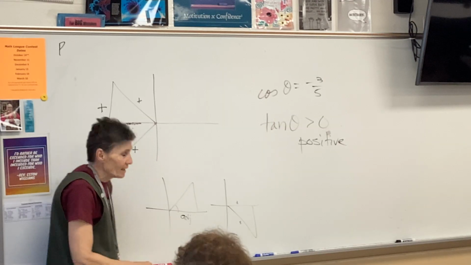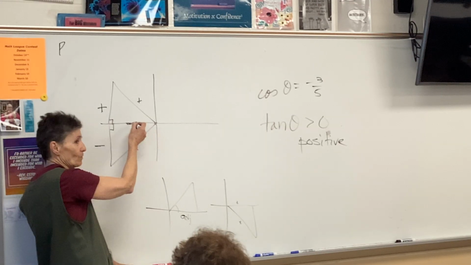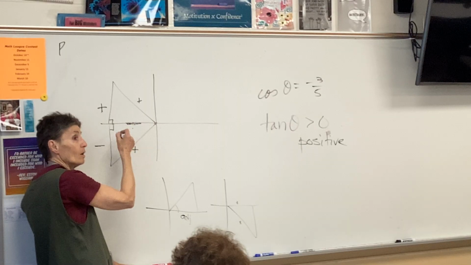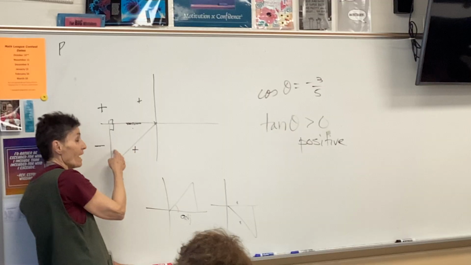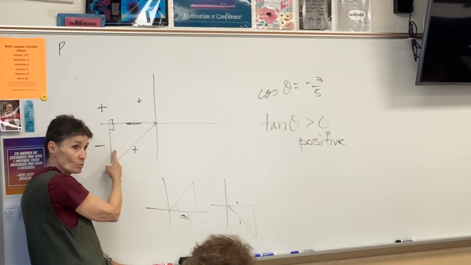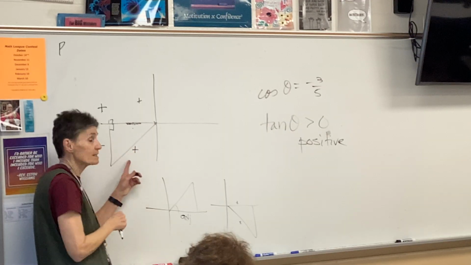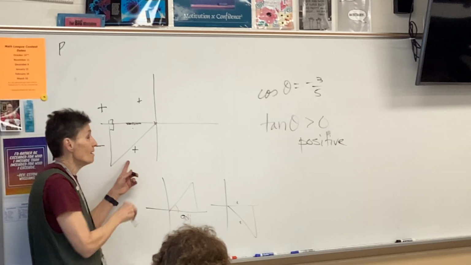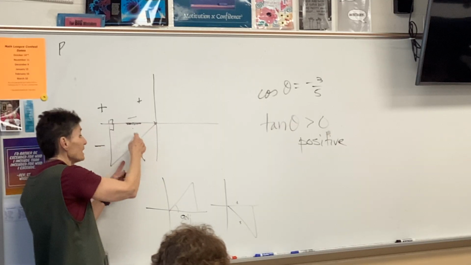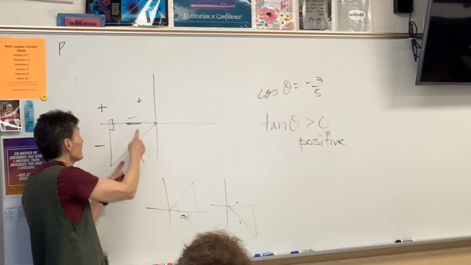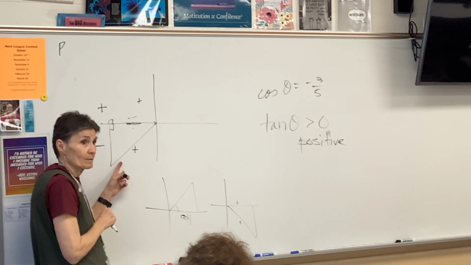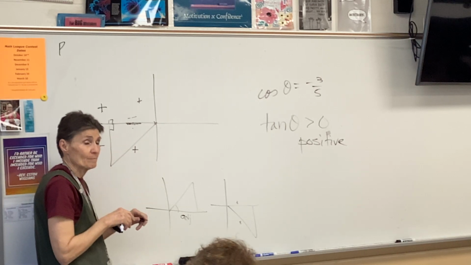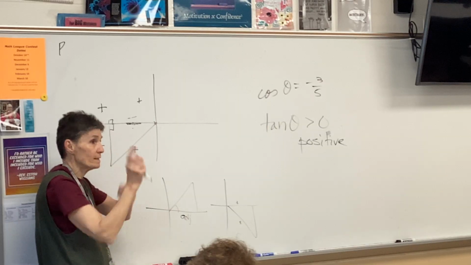Right? How about negative over negative? Okay, so I'm not in this quadrant. I have to be in this quadrant, because this is the only quadrant that has a negative cosine and a positive tangent. Process of elimination. You have 4 quadrants. Start reading them out.